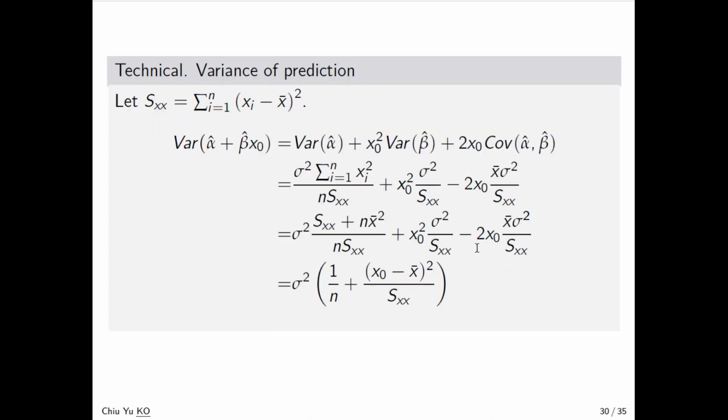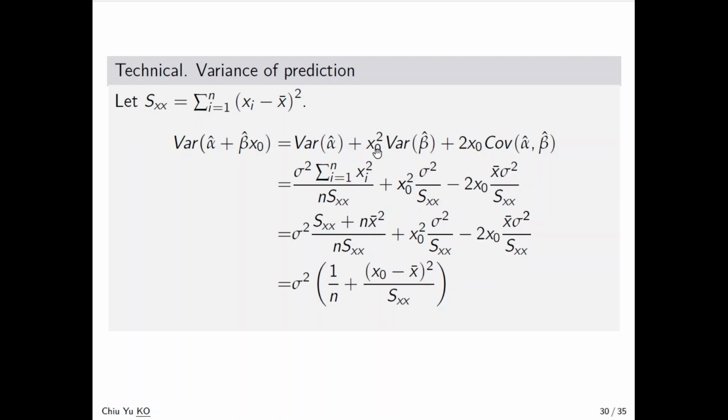Again we use the same shorthand Sxx, the sum of squares on x. The variance of what we want is the variance of alpha hat plus beta hat x0, and we use the variance-covariance formula: variance of a plus variance of b plus twice the covariance of a and b. The variance of alpha hat follows from the previous slide: sigma square times the sum of xi square over n Sxx.